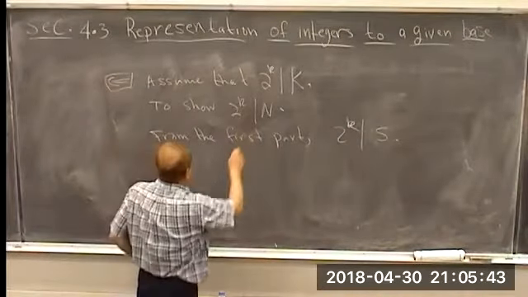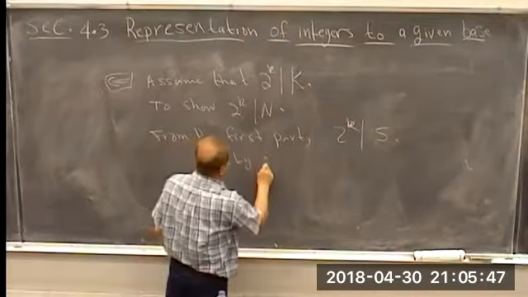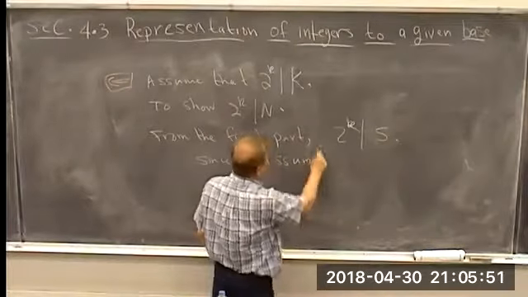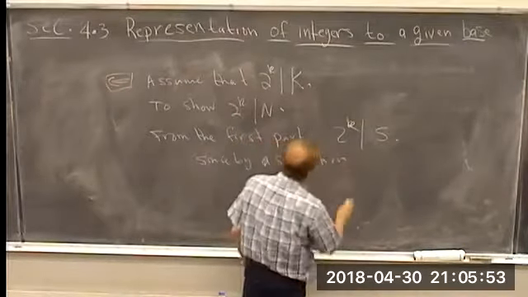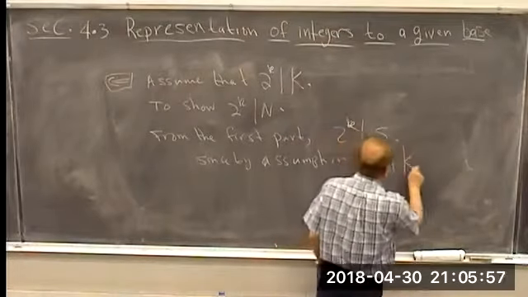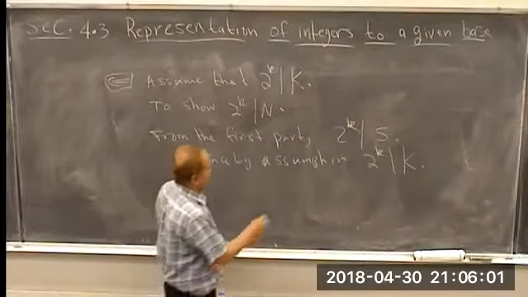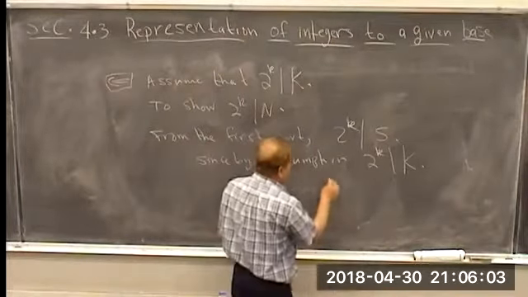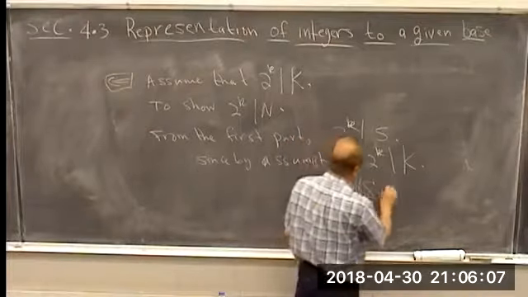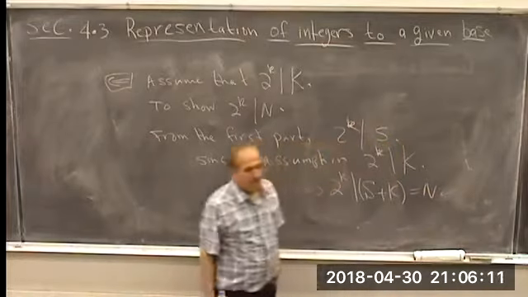Now, also we have, since by assumption 2 to the k divides R, then it divides the linear combination of these, and the linear combination is going to be just adding them up. It divides S plus R, and this is equal to N. All right?